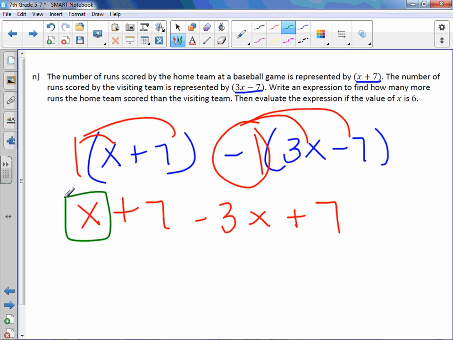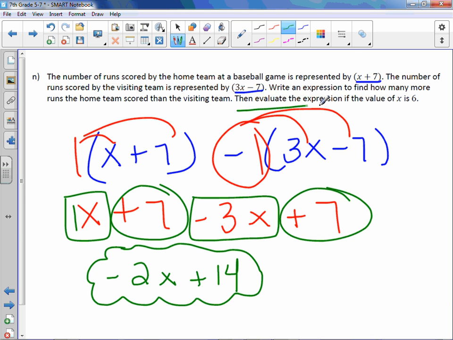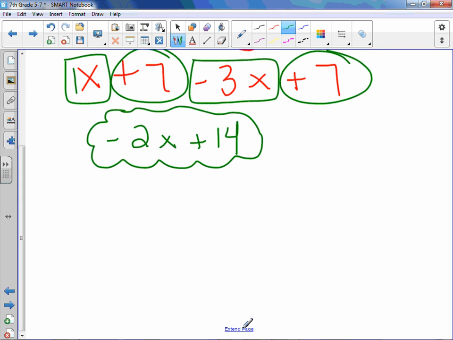Combine your like terms. X minus 3x. Remember, there's an invisible one here. So 1x and negative 3x is negative 2x. Positive 7 plus 7 is positive 14. So this is our first answer. Then evaluate the expression if the value of x is 6. So we're going to plug in 6.